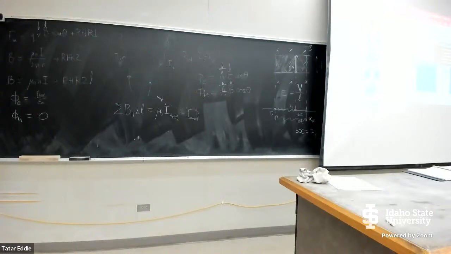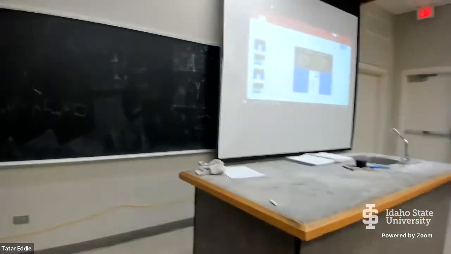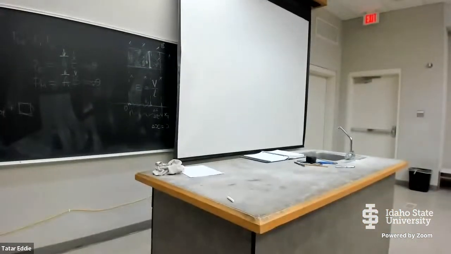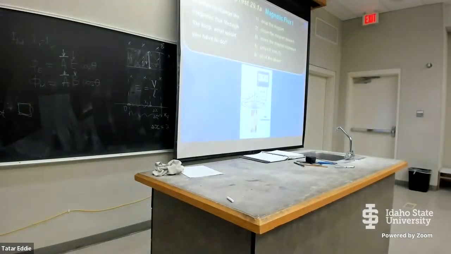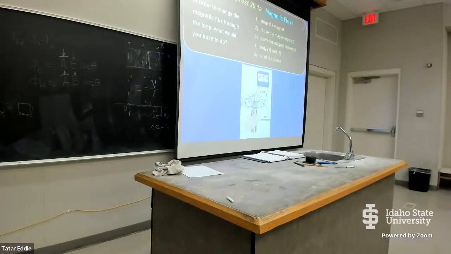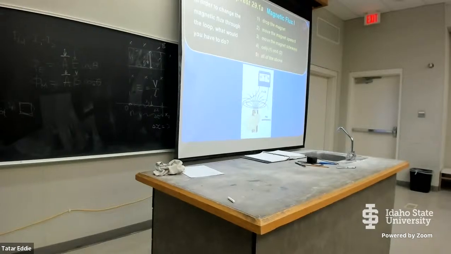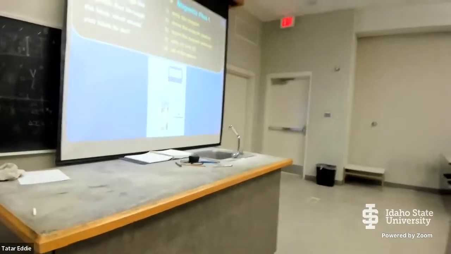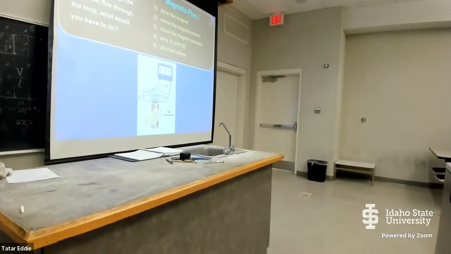You have some conductor in a shape of a coil. Let me make it a bit larger. So you have a coil like this, connected to an ammeter, and you have a piece of permanent bar-shaped magnet.